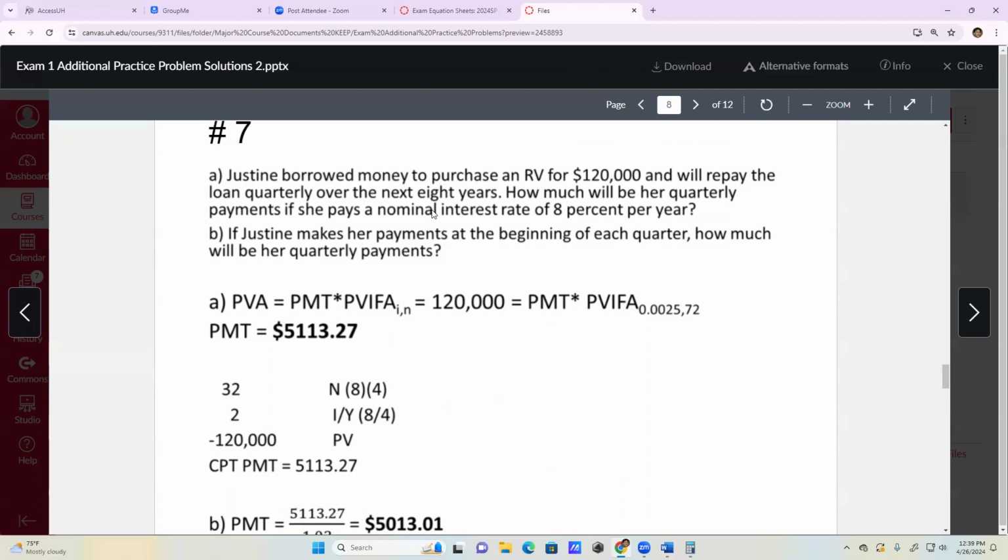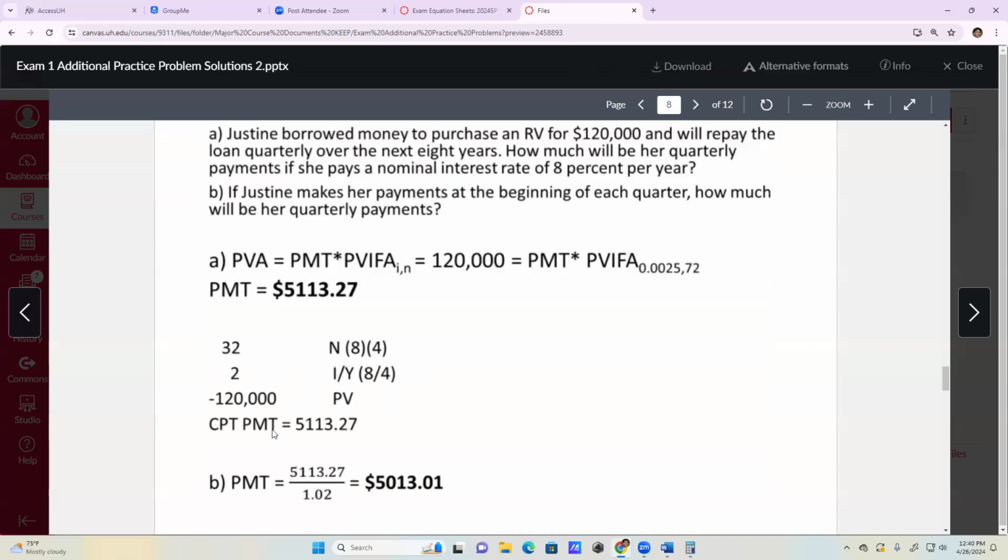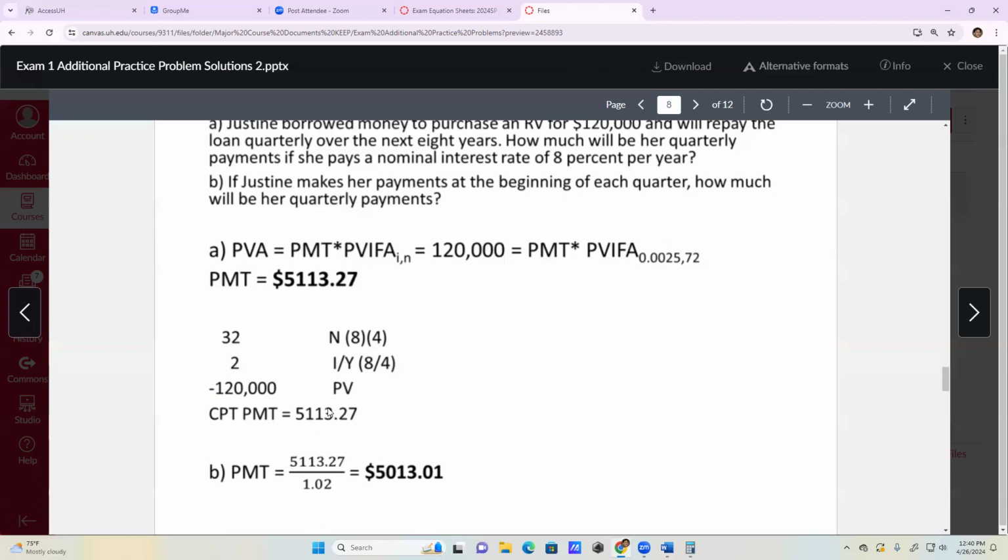In this case, you don't divide by 4, but since it is a quarterly payment, you have to multiply 8 by 4, because that is the 32 payments in total you have to make, right? So you put present value, interest, number of periods, and hit compute payment.